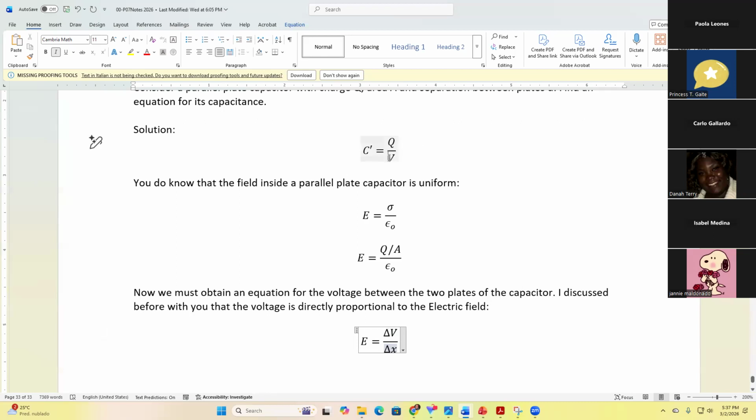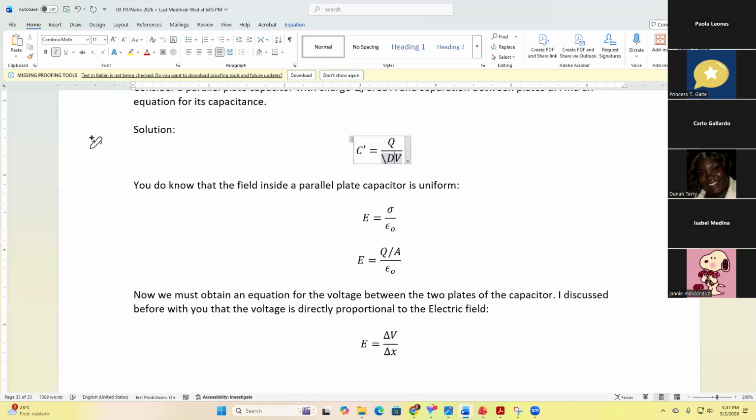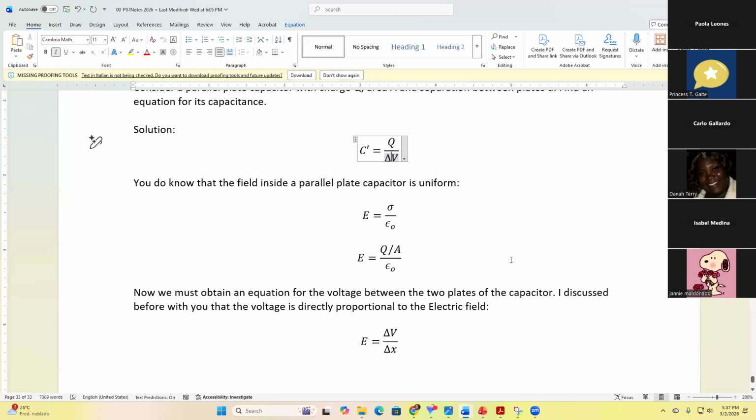So the delta V that I have here, let's put delta V. I prefer delta V because we do not mix up this V with the unit. And delta X is the separation between the two plates.